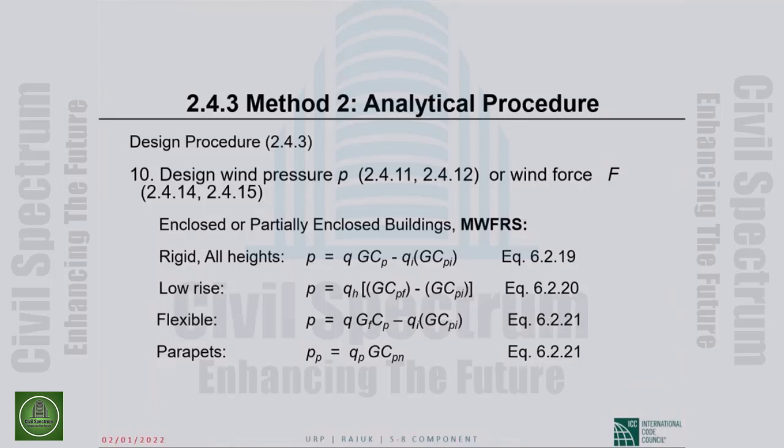So if we have a rigid building, irrespective of height, the analytical procedure itself doesn't really have a height limit on it. There are other things in ASCE 7 or its commentary that tell you that, for example, if you calculate a gust factor of 2, do not use the analytical procedure.